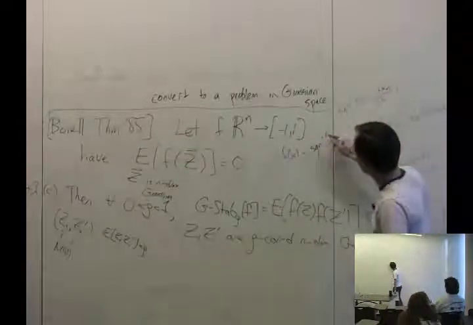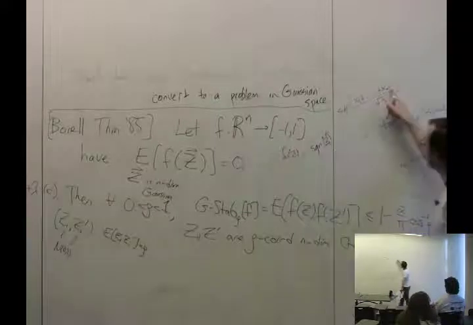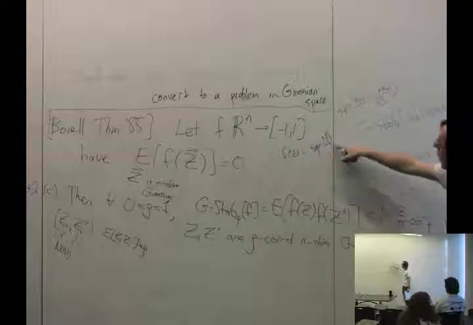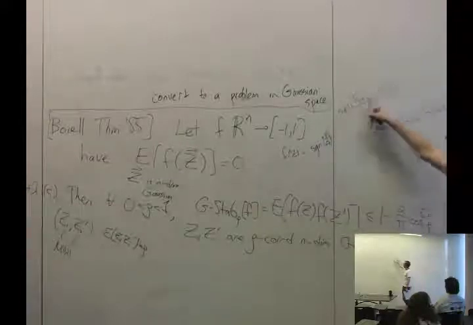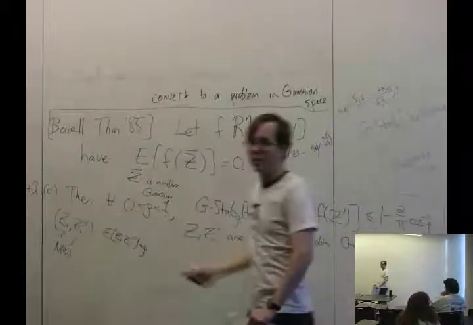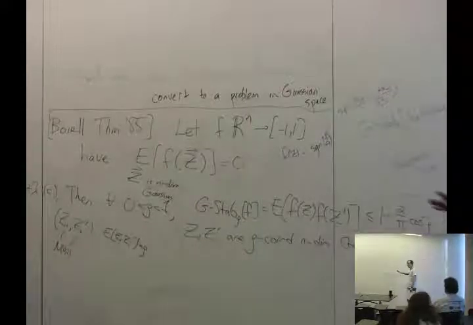If these are bits, then this thing is distributed like a Gaussian. So sign of one Gaussian is similar to sign of x1 plus dot dot dot plus xn, which in turn is like the majority function. Not exactly sure if that clears it up, but there is no dictator in Gaussian space. There are just half spaces.